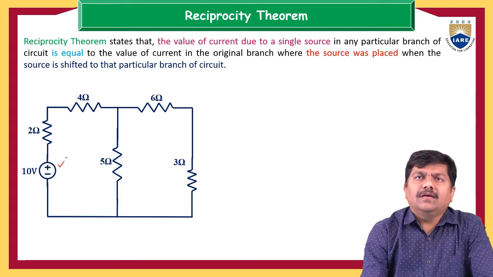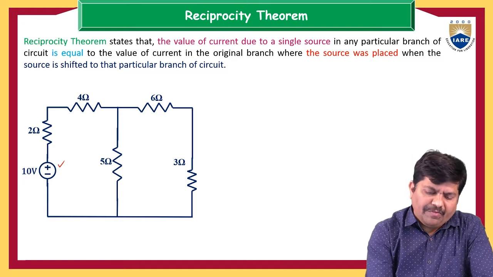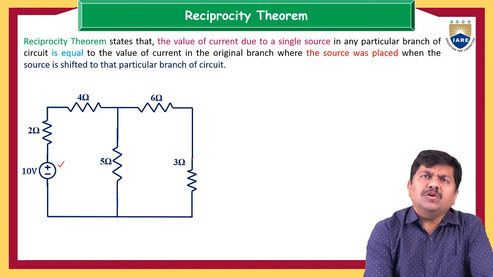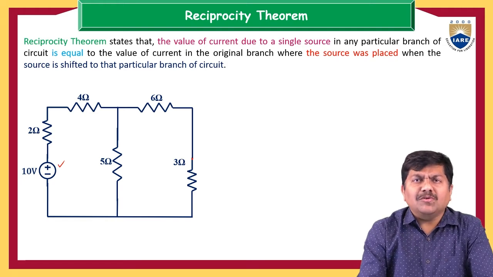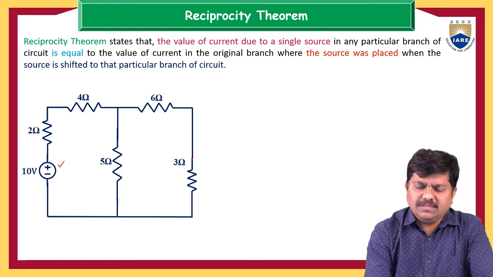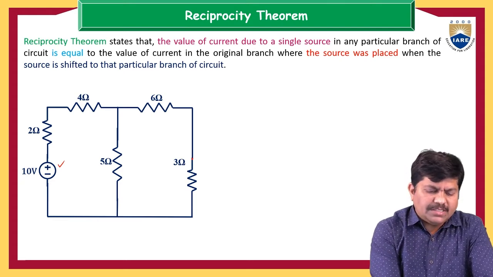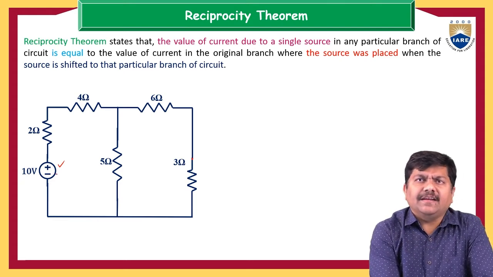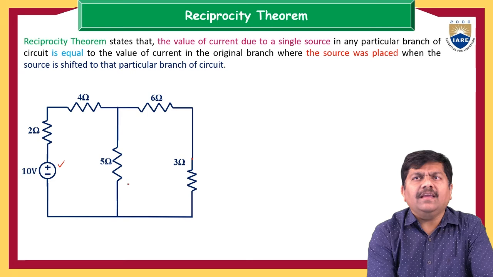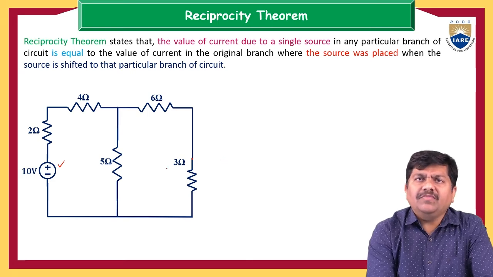Now, what is our interest? My point of interest is the 3 ohm resistor. This 10 volt voltage source will have some response at this 3 ohm resistor. So, what is this theorem? If this 10 volt source is connected in this electrical circuit, it will create a response at the 3 ohm resistor.